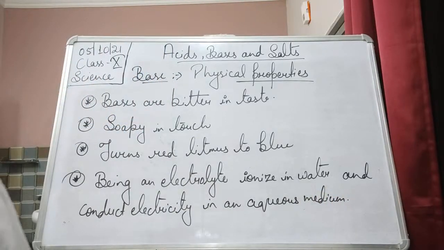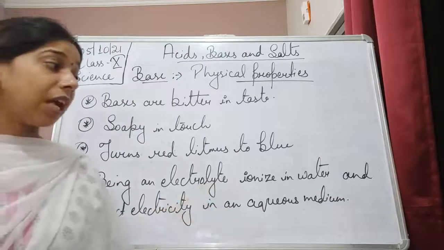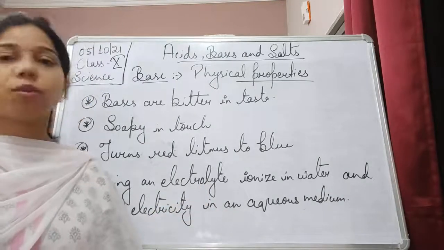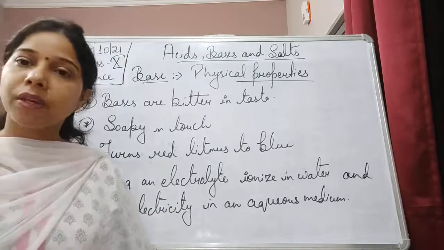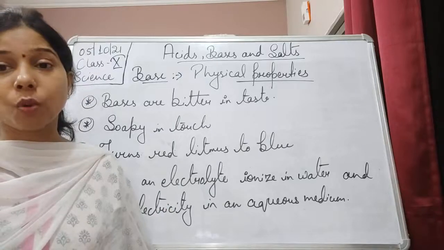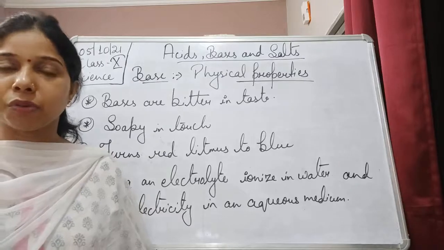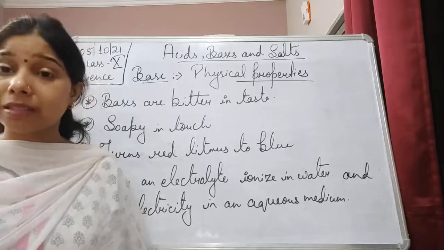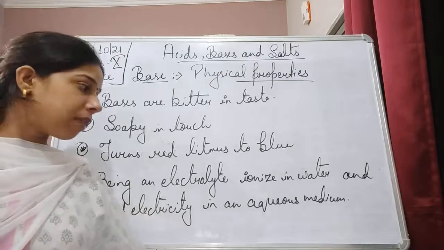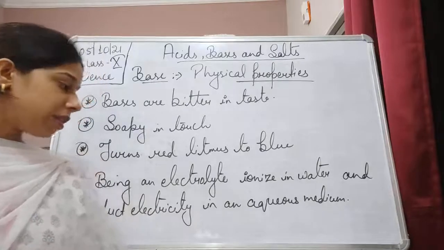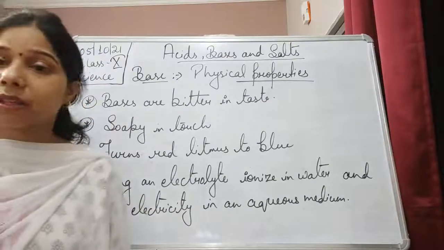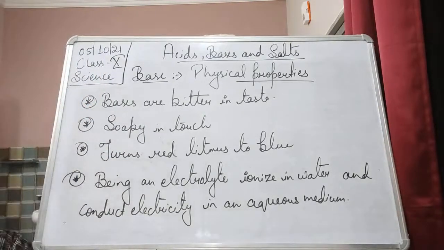So bases are generally electrolytes. We have seen that an acid also acts as an electrolyte, which ionizes in water and helps in the conduction of electricity through it. Similarly, bases also act as electrolytes, ionize in water, and help in conducting electricity through the medium.